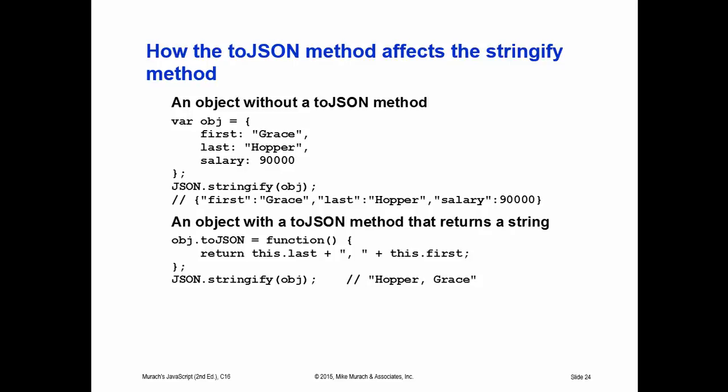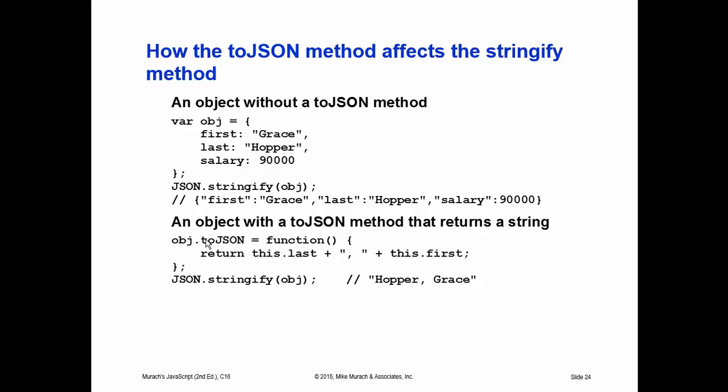So one way to customize the results of the stringify method is to add a toJSON method, as you see right here. In the first example, an object literal named obj is coded with three properties, first, last, and salary.